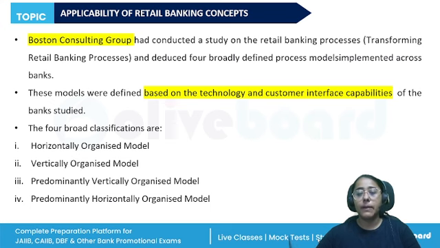When we talk about the process model, what process is used by the banks to provide products and services to the customers? How do they deliver the product to the right customer at the right time?